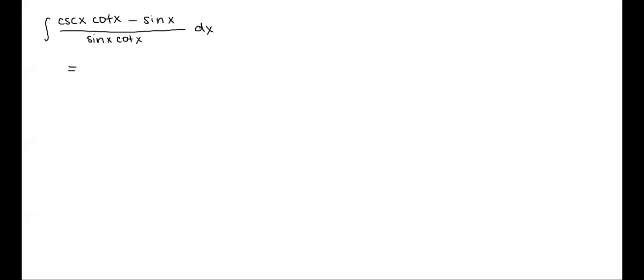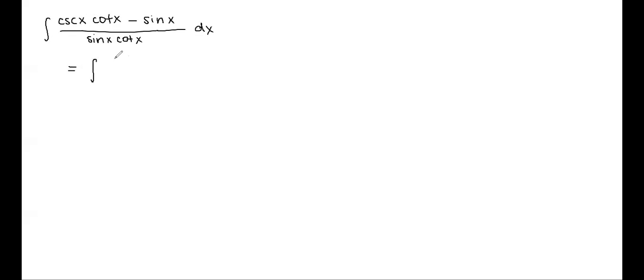All right, so at this point, hopefully everybody started the problem the same way as the previous one, which is to say having a minus in the numerator is not really helpful. So we're going to divide this into 2 different fractions and then see what we can do with each one of them.